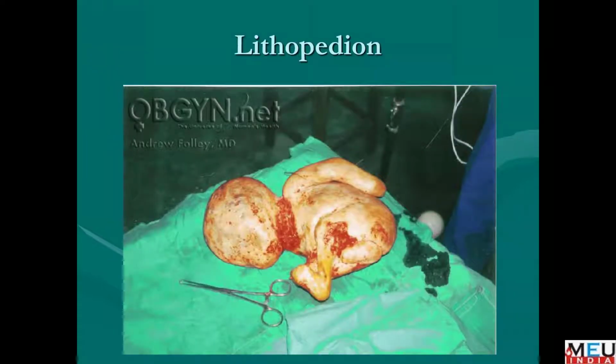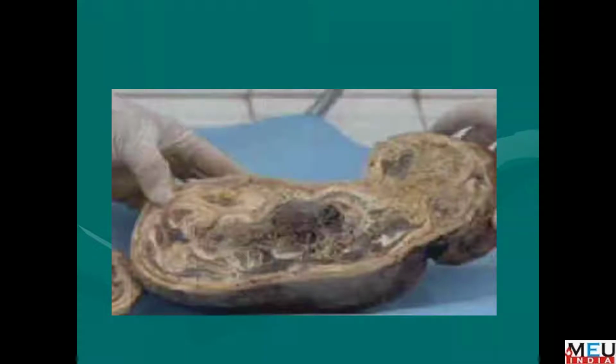So, lithopedion is a phenomenon by which the baby gets aborted inside the mother's womb, and she does not know about it, and over a period of time the whole fetus gets calcified. This is known as lithopedion. This is the cut section of the fetus, and we can see that the whole of the fetus is calcified.